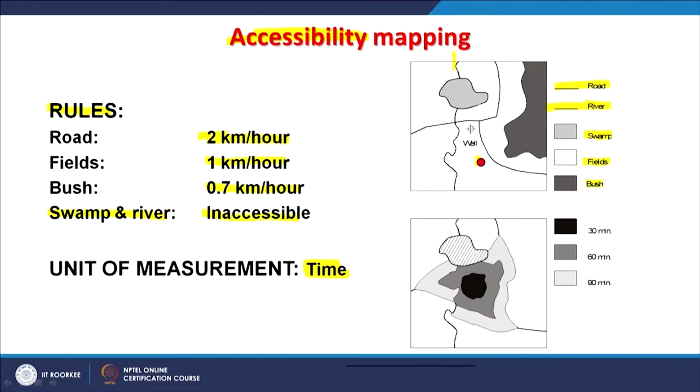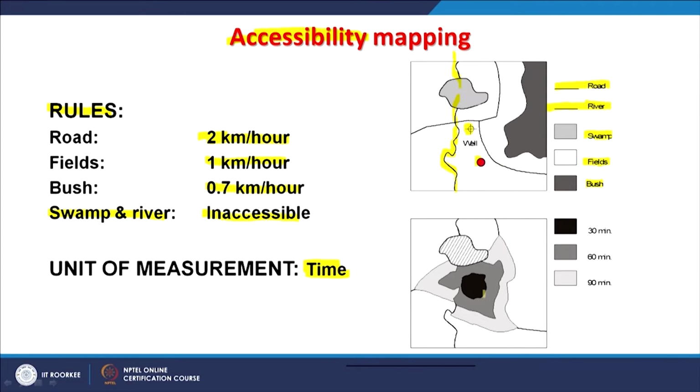This is just to make clear that this is the river and the rest, the polylines, are roads. Now, for this location I want to prepare an accessibility map, showing how much time it would take to fetch water from that well.